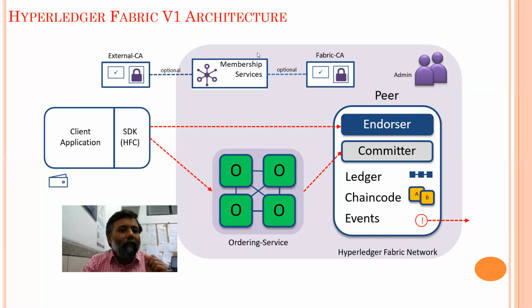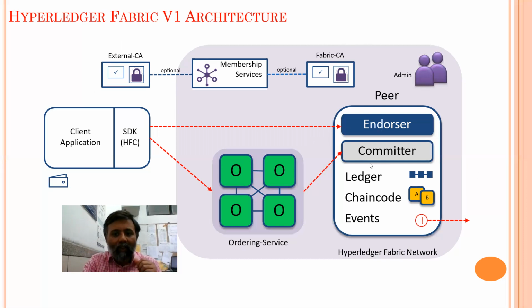For that, the membership service is used, and the Fabric certificate authority can do this task. But if anyone wants a trusted external certificate authority, that is also allowed. So anyone can use the Fabric certificate authority or an external certificate authority, and it is just like a plugin device.